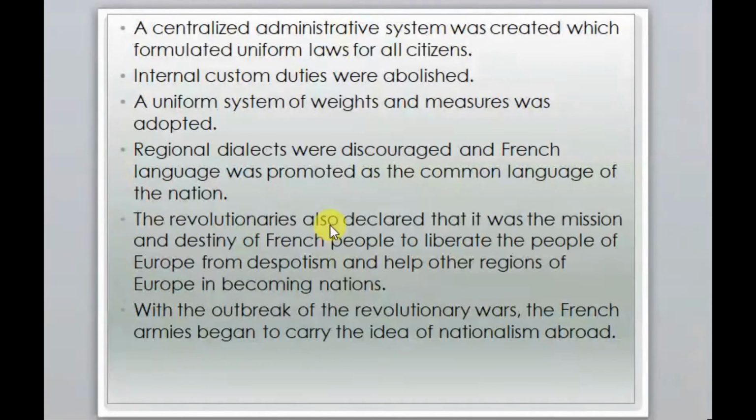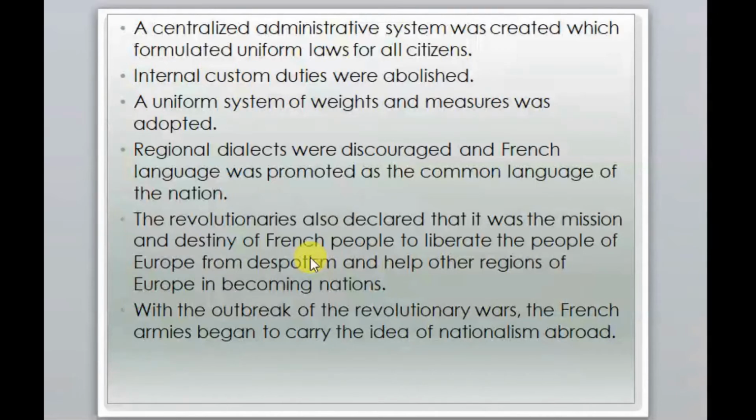The revolutionaries further declared that it was the mission and destiny of the French people to liberate the people of Europe from despotism and help other regions of Europe in becoming nations. When the news of the events in France reached the different cities of Europe, students and other members of educated middle classes began setting up Jacobin clubs.